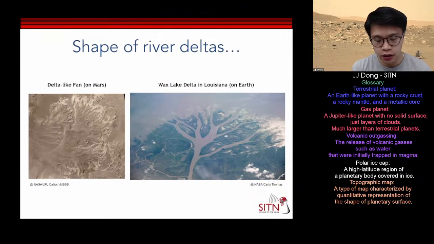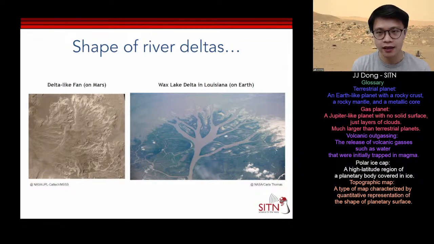Other features like delta-like fans are also discovered on Mars. So in this slide, on the left are delta-like features on Mars. We think it's related to a lake delta, possibly carved by liquid water activities. And on the right, there is a picture of a lake delta in Louisiana on Earth.